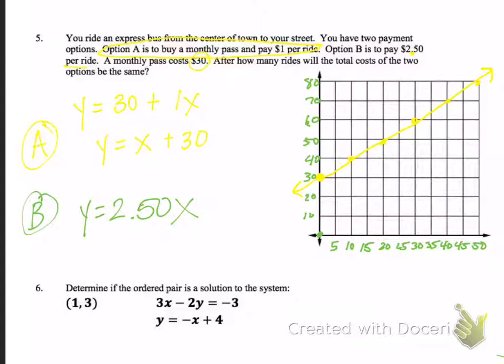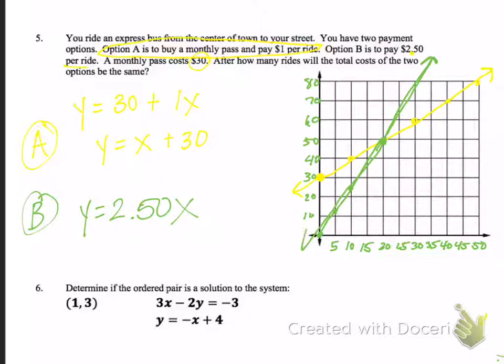Like 12.50 or something like that. And then 10 would be 25. It's easier to do the 10s and the 20s. What about when x equals 20? 50. Because you just take 25 times 2.